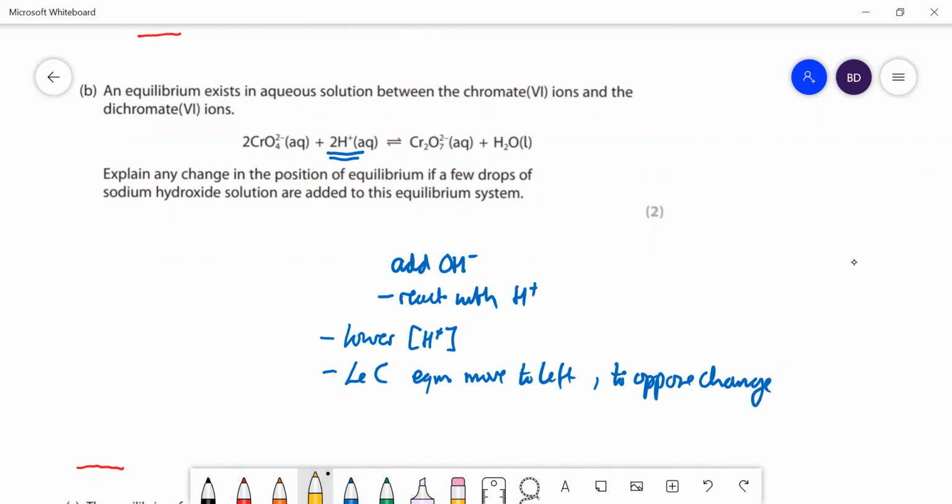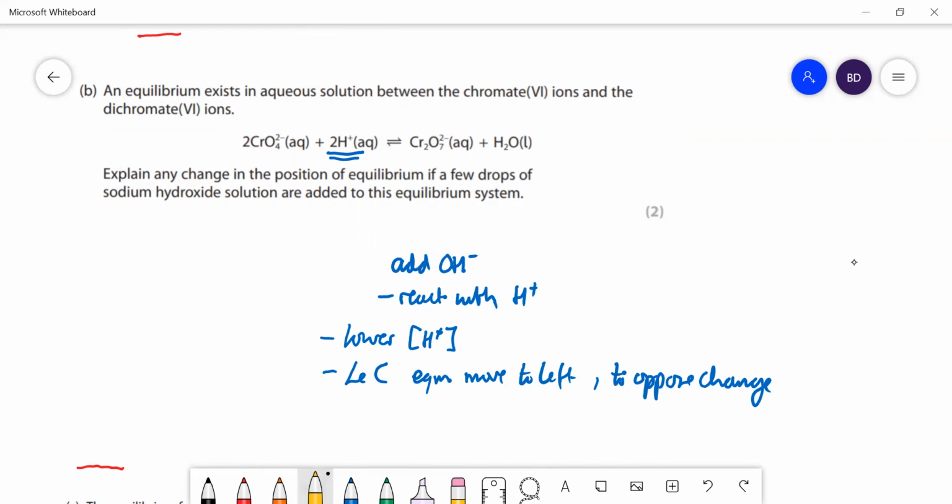Incidentally, you've probably done this experiment. This stuff is yellow. The chromate 6 is yellow, and the dichromate is orange. Sorry, I had that the wrong way around.